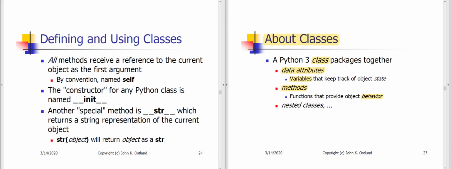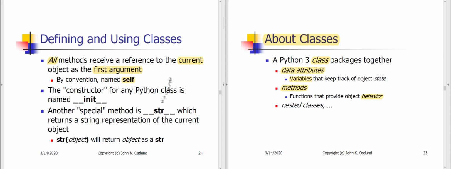All of the methods that you define for a particular class receive as the first argument a reference to the current object itself. And the name that's used for that argument is conventionally self. You can call it this or me or what have you, but self is the conventional argument name.